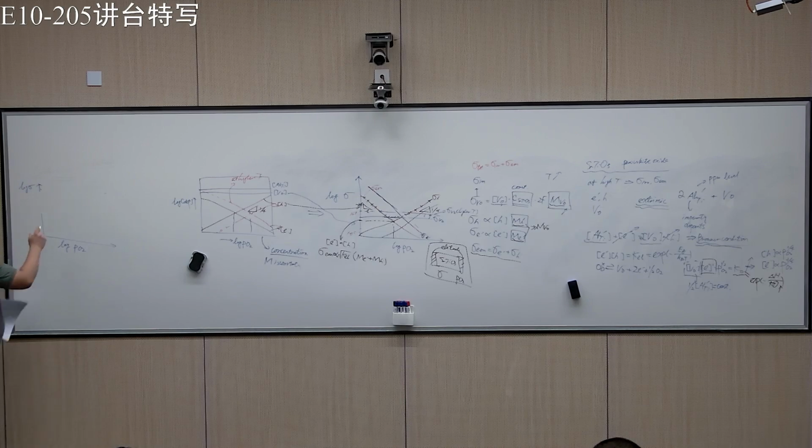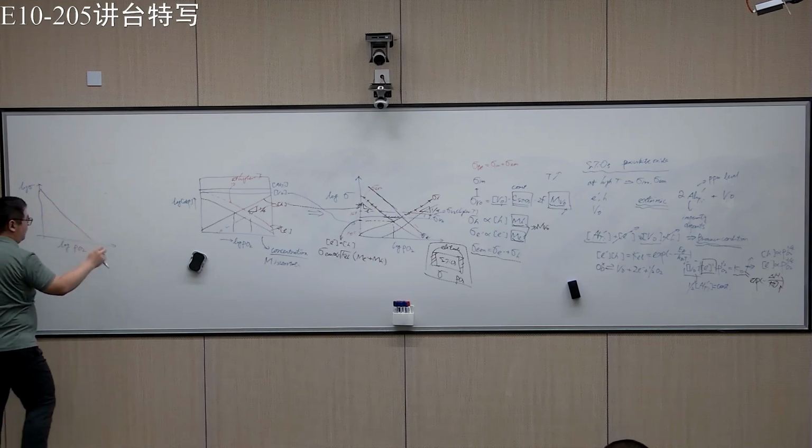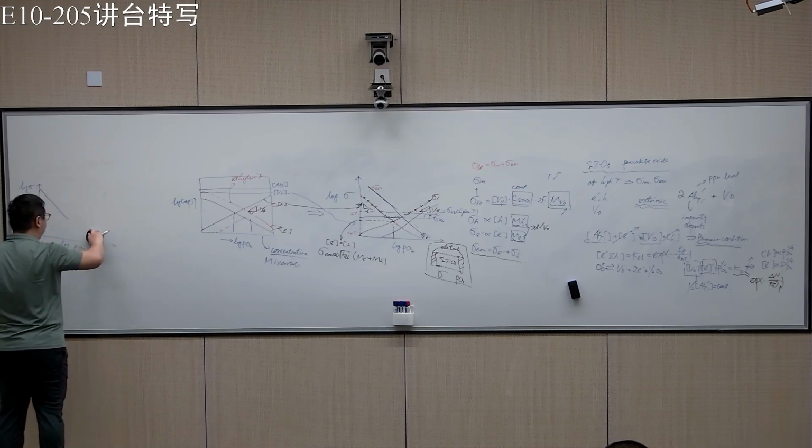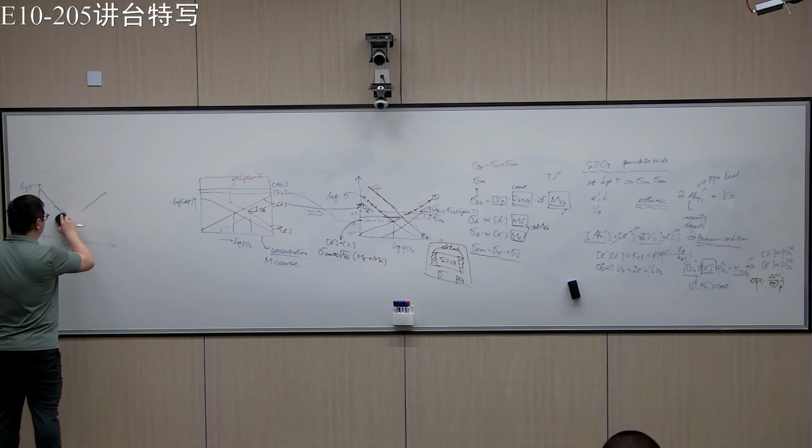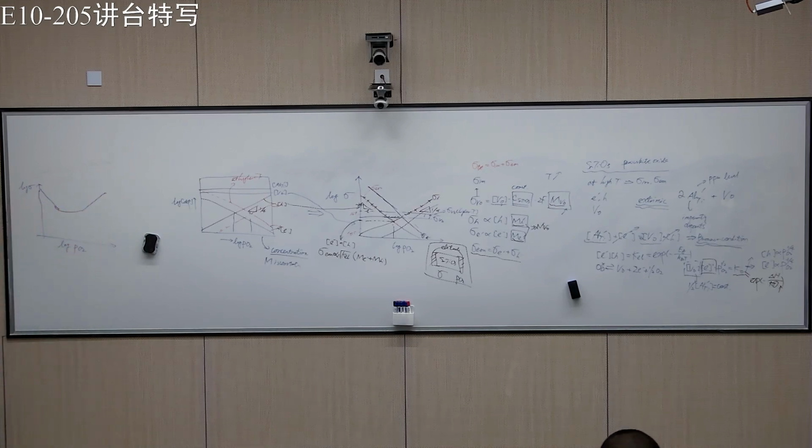At low temperature, what you measure is something like this, because you have electronic conductivity here, n-type, and you have ionic in the middle.